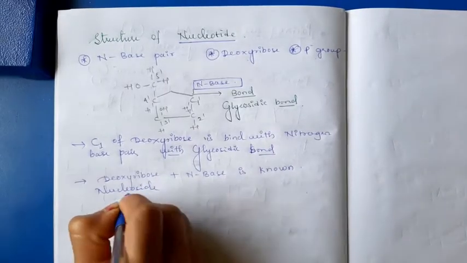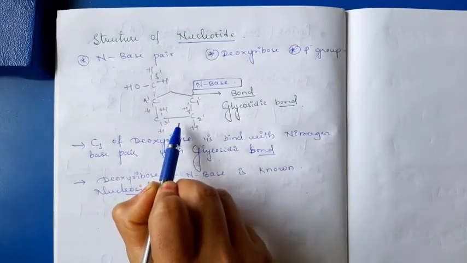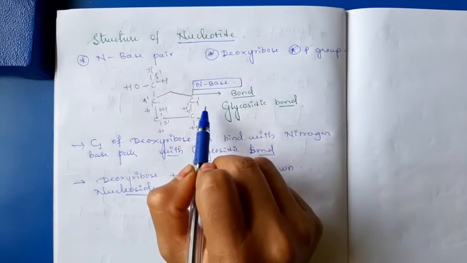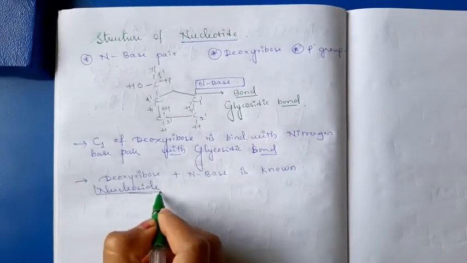Nucleoside. It's very simple, where the deoxyribose is bound with the nitrogen base pair. It is an aggregation of deoxyribose and a nitrogen base pair. That structure is known as a nucleoside.